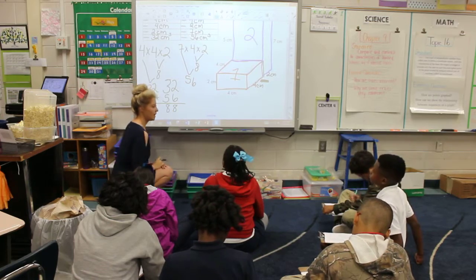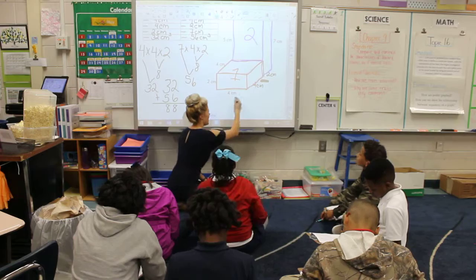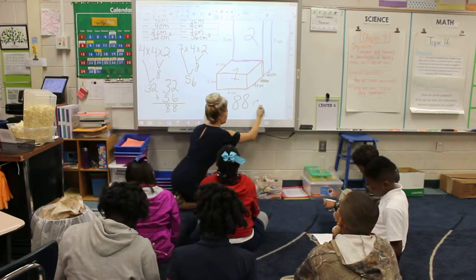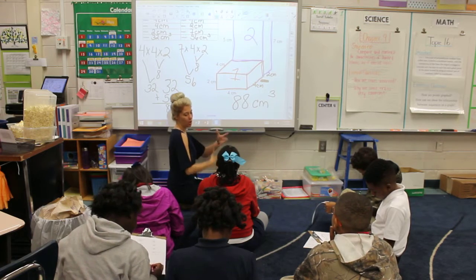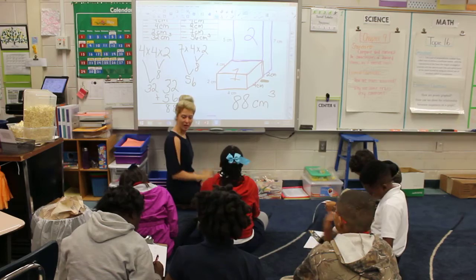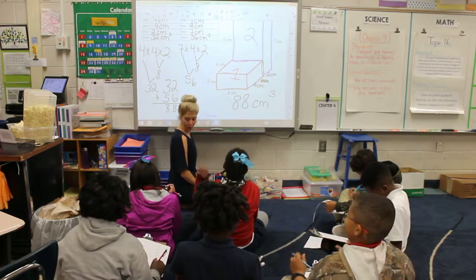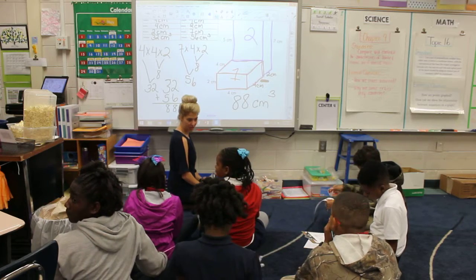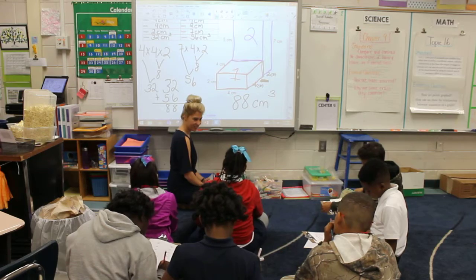Who can label this for me, John? 88 centimeters cubed. What is that? Our total volume of the whole entire thing. All of the popcorn. Any questions, comments, concerns? Pretty easy. Not too bad, right?